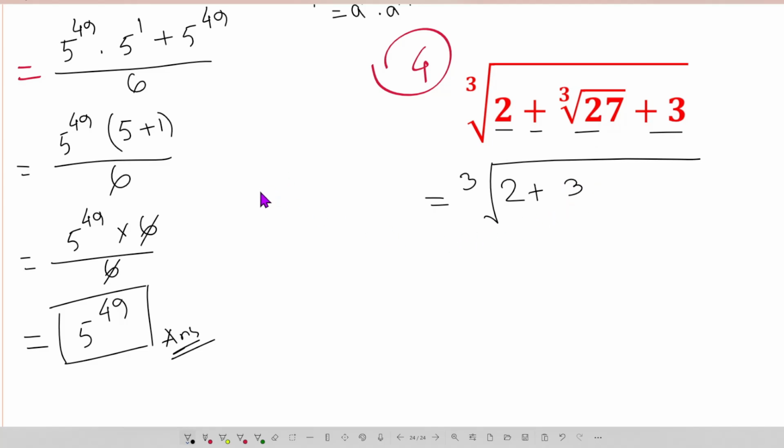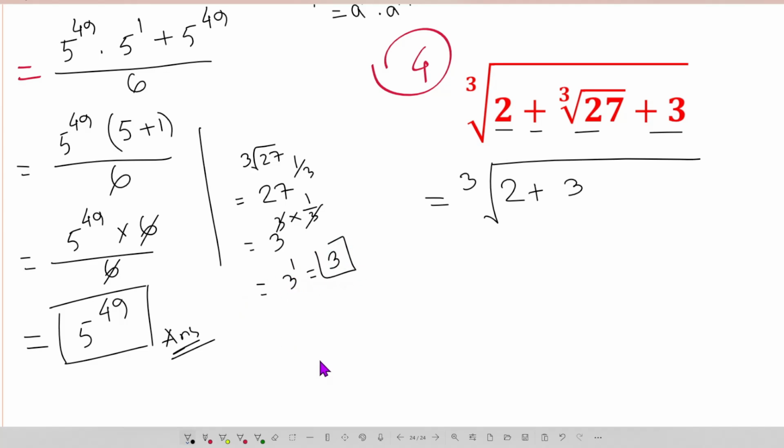Look, 27 and here is cubic root of 27. So 27, once we omit cubic root, it will be to the power 3. This 27 also we can write 3 cube and here times 1 by 3. So 3 divide 3, so our answer will be 3 to the power 1. It means 3. Okay. So 2 plus 3 and here is plus 3.